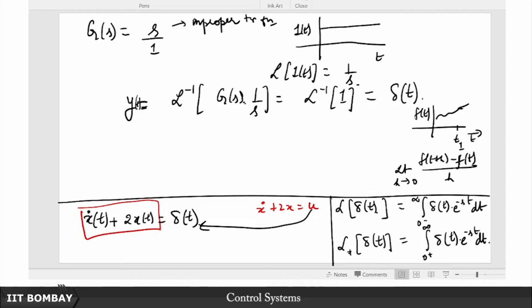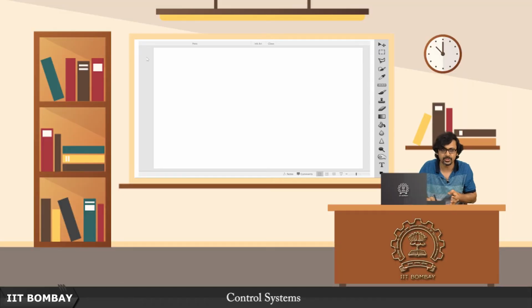One of the simplest ways to answer, of course, is to integrate this and you will find that there is a difference, so leave that as an exercise for you. But another way of seeing that there is a difference between the two is to consider that this delta, the way we have defined it, is basically the derivative of the unit step.